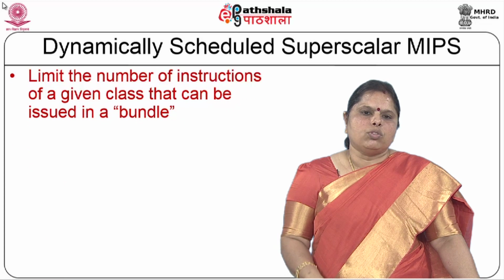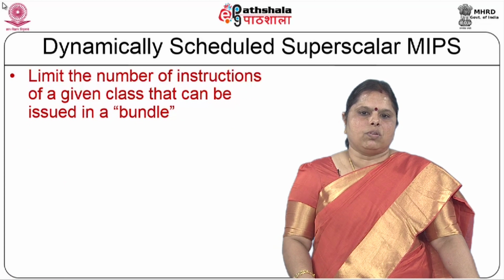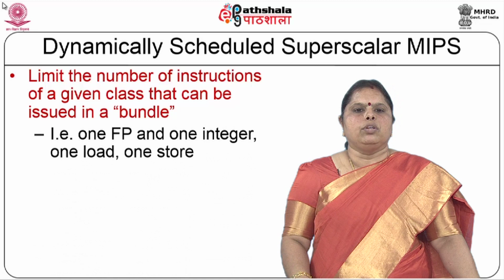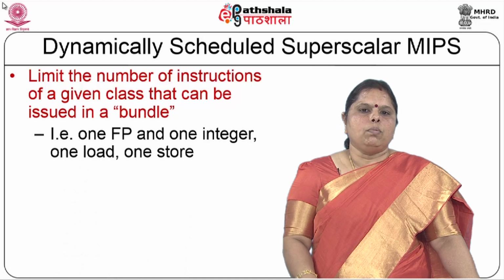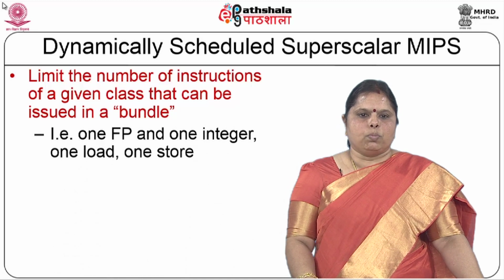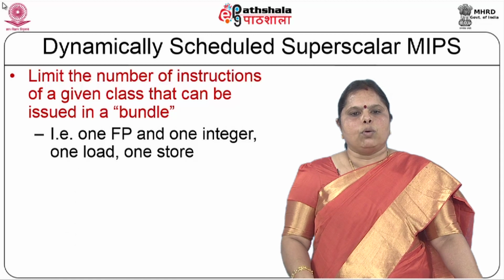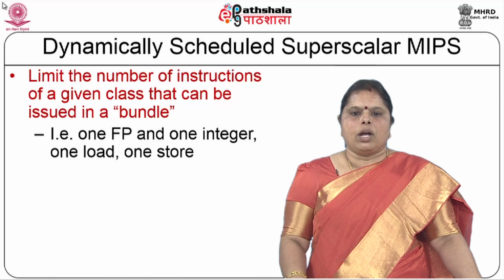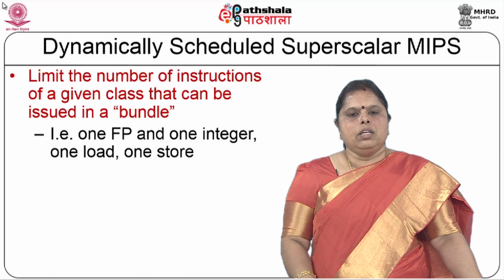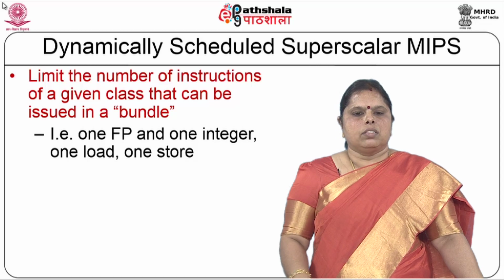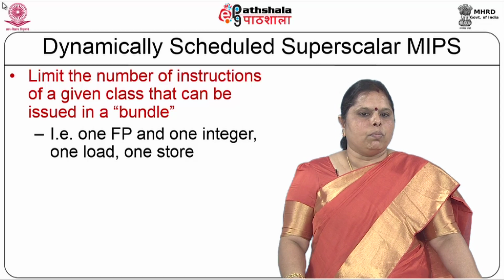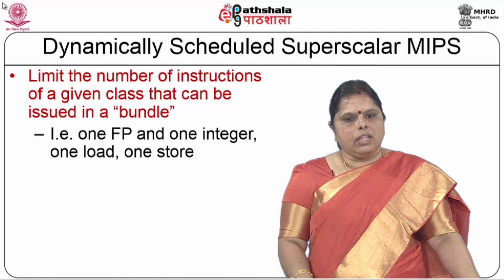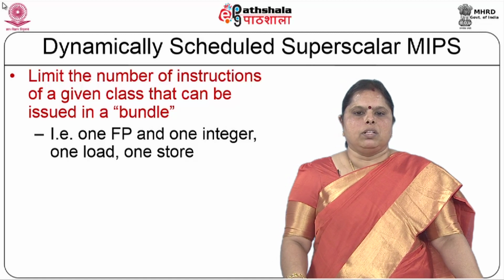Now, you also have to limit the number of instructions of a given class that can be issued in a bundle. As already pointed out for the statically scheduled superscalars, when you look at one floating point instruction and one integer instruction, the dependencies may be minimal. Suppose you try to put 2 floating point instructions together, then there might be too much dependence between these instructions.